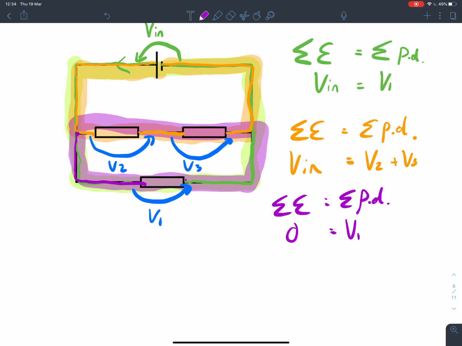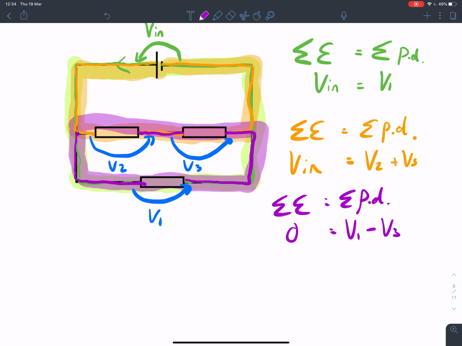Following this purple loop around, I get to V3 here, but I've deliberately drawn an arrow to show the direction of the potential difference drop. Now I'm going against that arrow, so I'm going to have minus V3 because I'm going in the opposite direction.